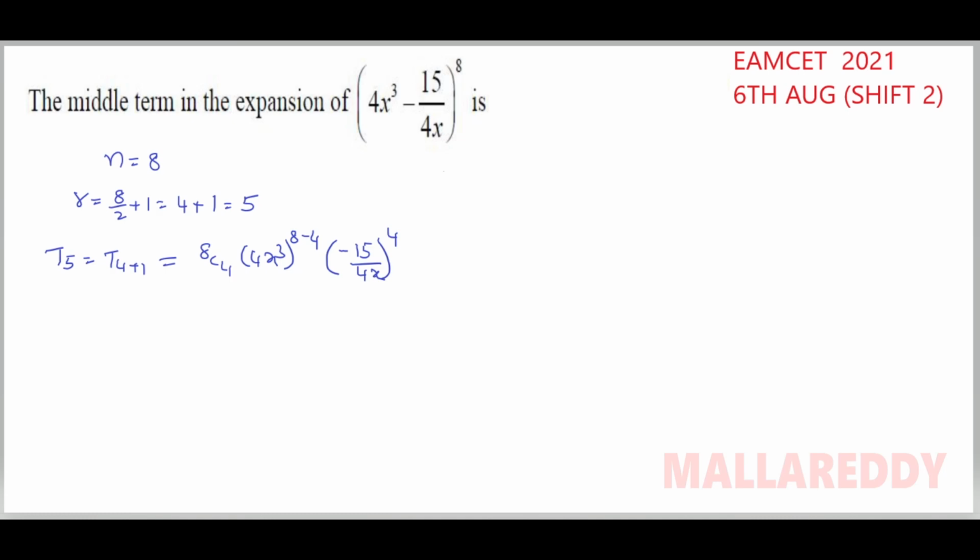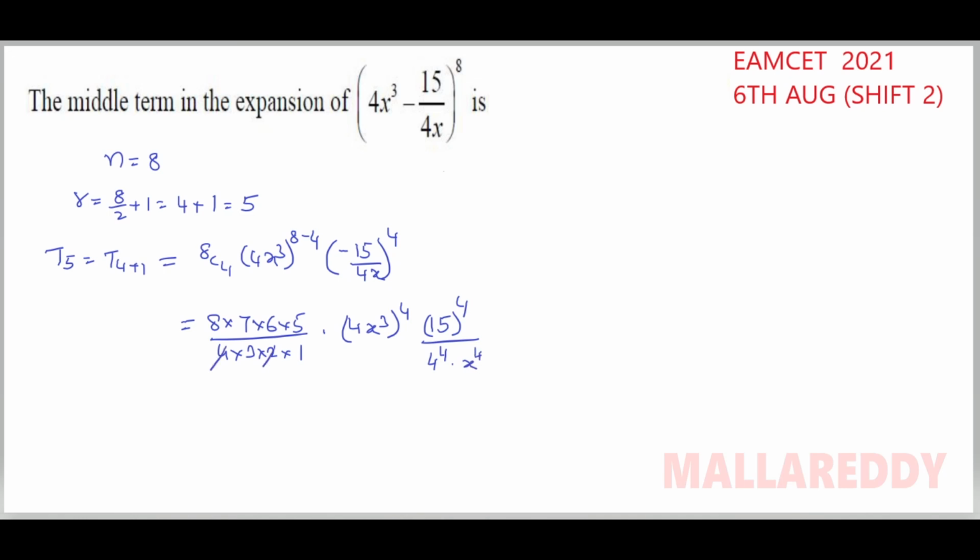That is 8C4. 8C4 is 8 into 7 into 6 into 5 by 4 into 3 into 2 into 1, into (4x³)^4. This is (4x³)^4 into (−15)^4. That is (−15)^4 is positive. That is 15^4 by 4^4 into x^4.